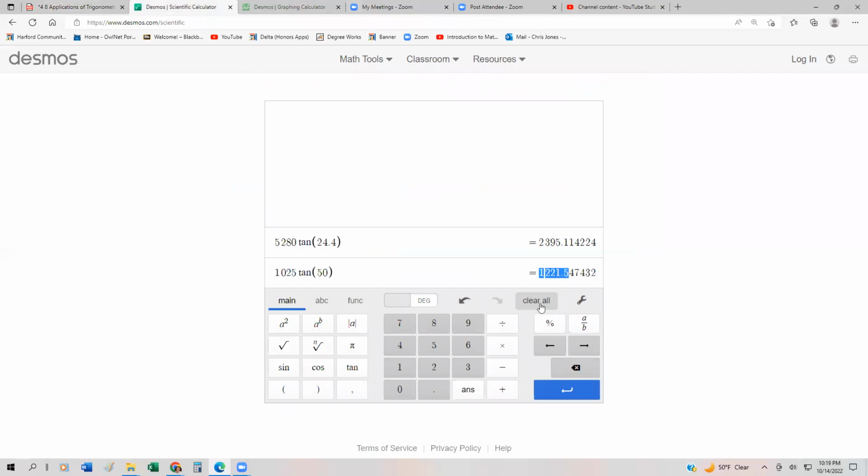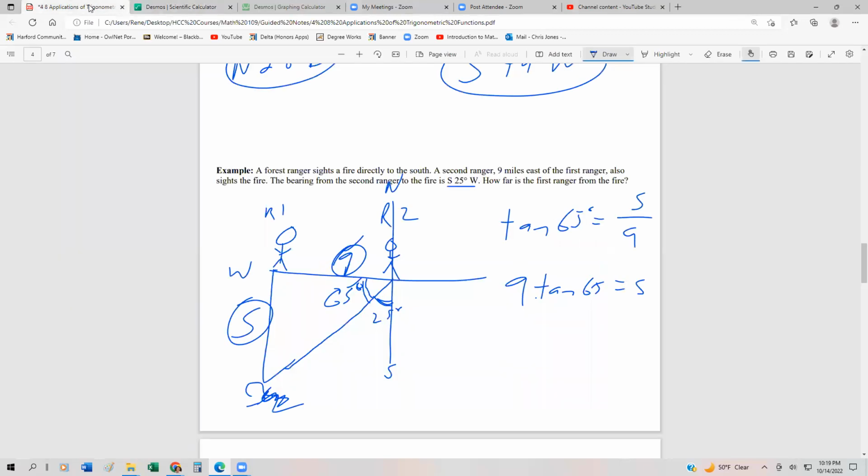Okay, so we have 9 tangent of 65 degrees. 19.3 seems to be the distance in miles. Okay, so this would be 19.3 miles south. All right, so that's a long way away. Hopefully the forest ranger doesn't have to walk to that fire, otherwise bad things might happen.